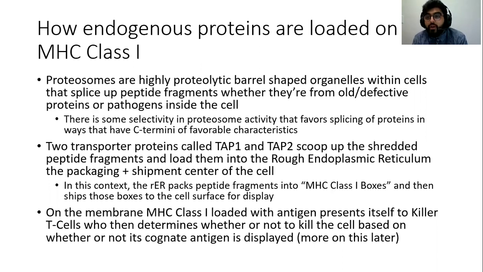MHC Class II loading mechanism, you really want to think endosome. And when you consider where these antigens are coming from, this makes a little more sense. I'm not claiming anything is intuitive. I find this stuff quite difficult myself personally, but we try to make sense of things and then work from there.